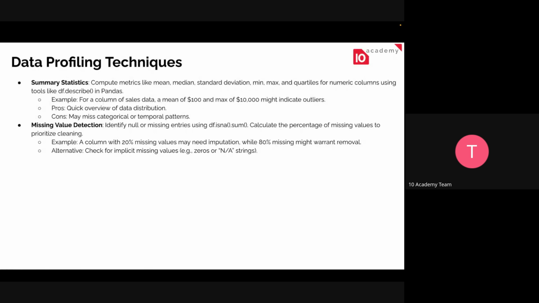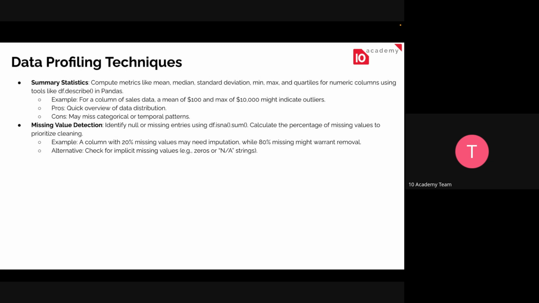And missing value detection is just for identifying the missing values. You can use the isna or isnull method found in pandas as well to calculate the missing percentage values. For example, a column with 20% missing might need imputation.